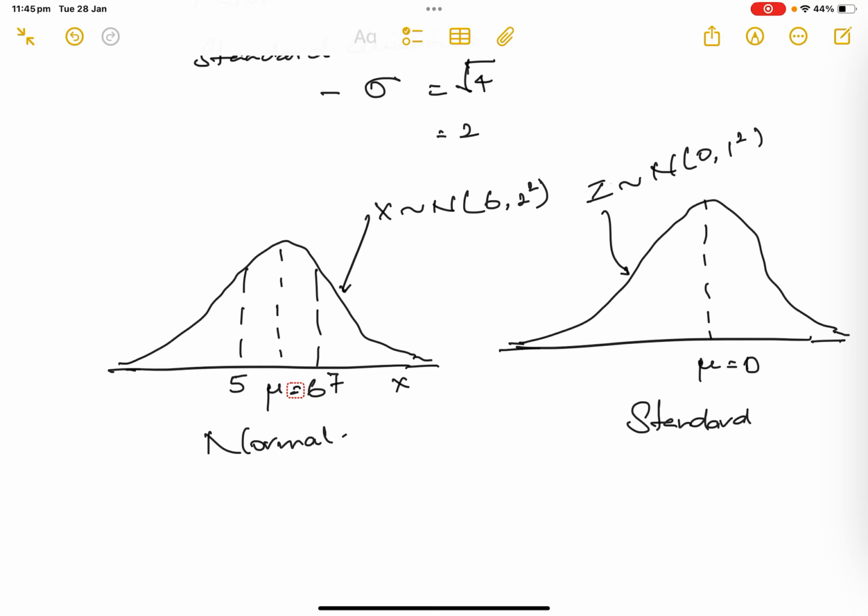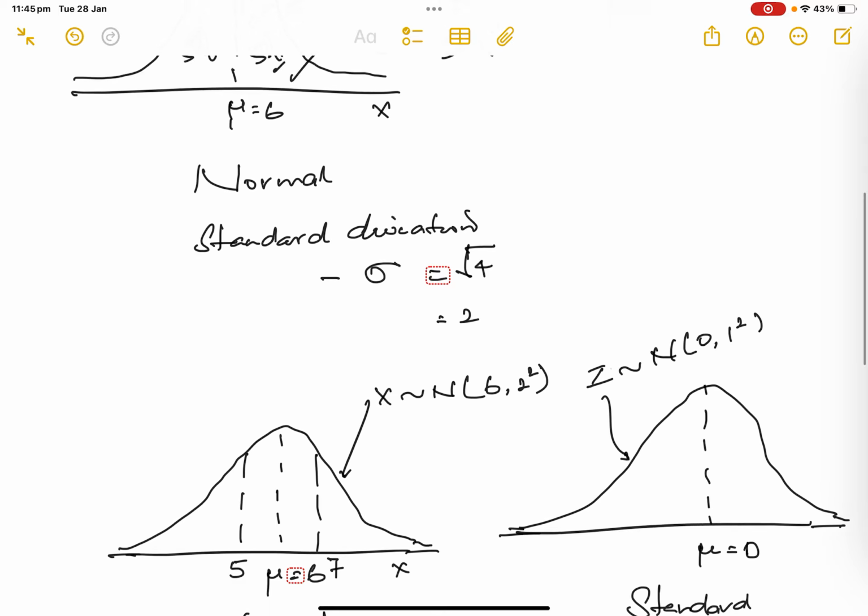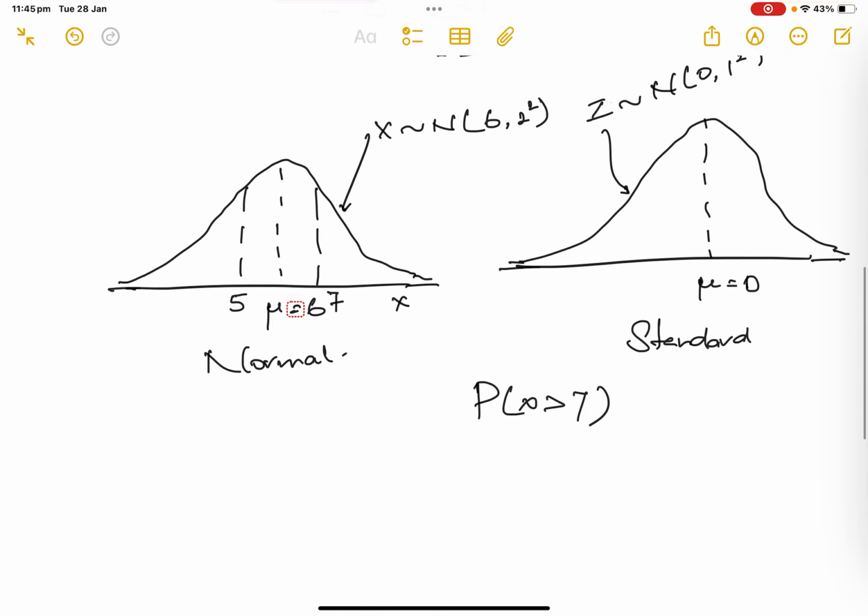The mu is the symmetrical point, with 1 on the right-hand side and 5 on the other side. So the probability X greater than 7 is anything to the right-hand side of the line X equals 7, this area.